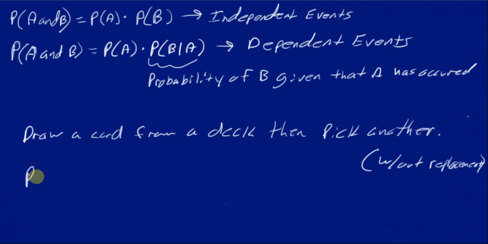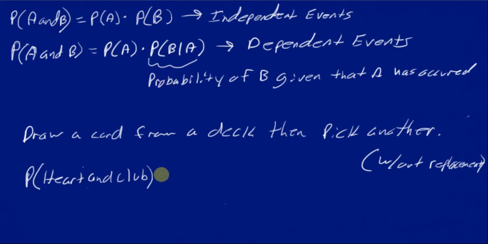Now let's find the probability of a heart and a club. Now, we are dealing with dependent events.